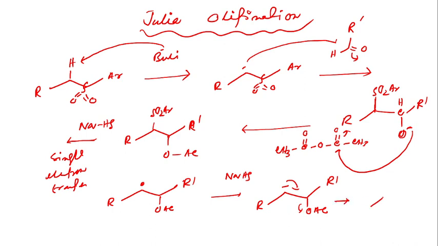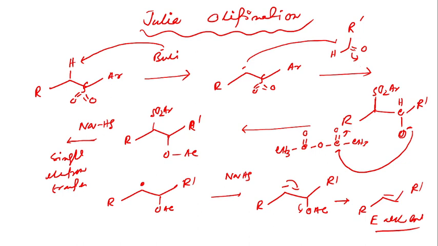As a result, we are getting R dash. In the previous reaction, we found that mostly Z alkene was produced. Here you are seeing that E alkene is produced. This is the E alkene. When the examiner supplies the questions, you have to be careful about 3 positions.